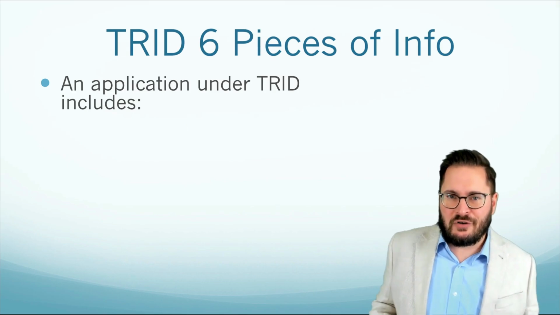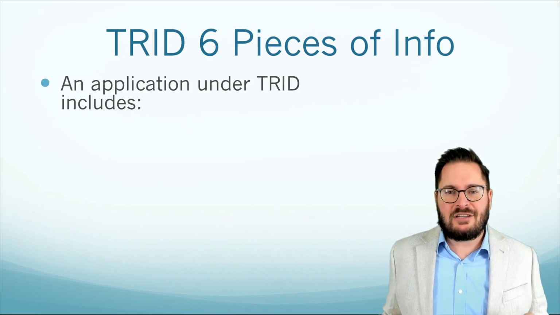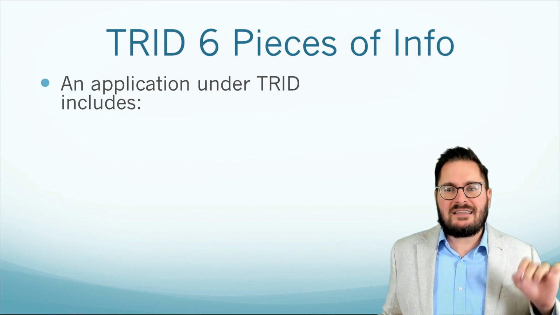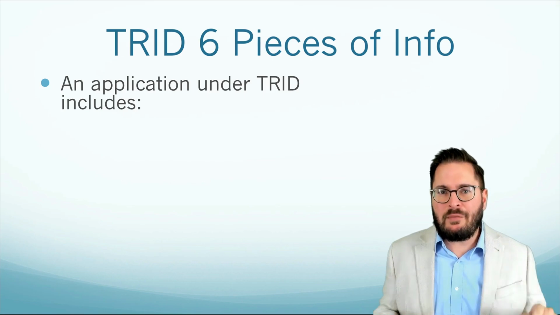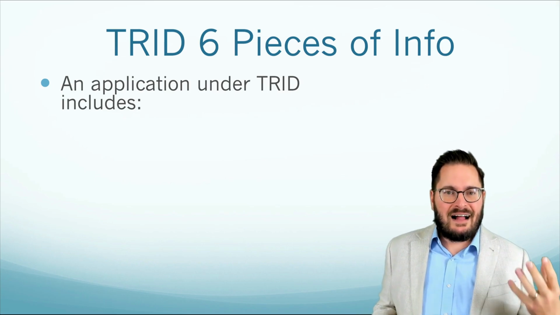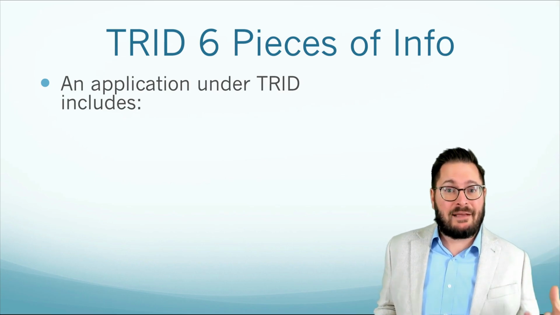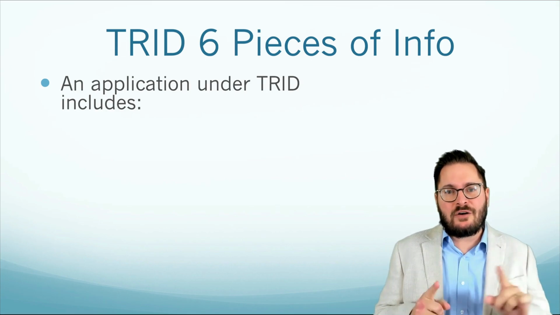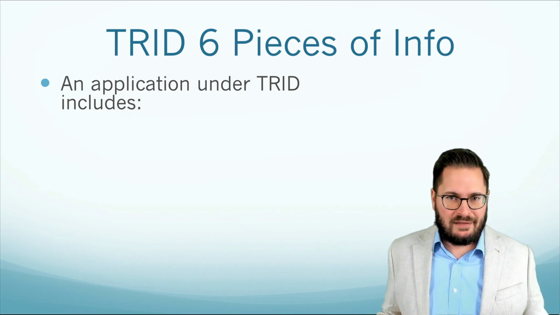Now, under TRID and Regulation Z, an application includes 6 key pieces of information. And when we receive these 6 key pieces of information, this constitutes by definition an application and therefore triggers the requirement for a loan estimate.